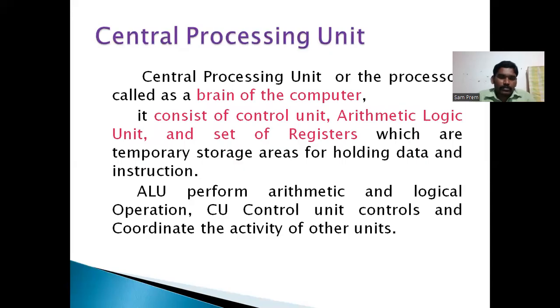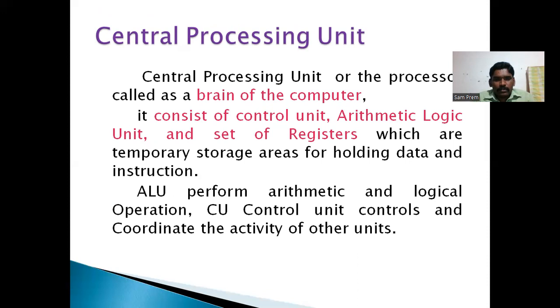And then next one, central processing unit. The central processing unit is the brain of the computer. It performs both arithmetic and logical operations, it has a set of registers, and it contains the control unit. It consists of three parts: the control unit, the arithmetic and logical unit, and the set of registers.